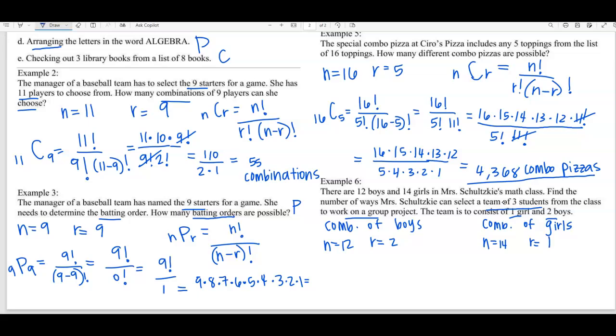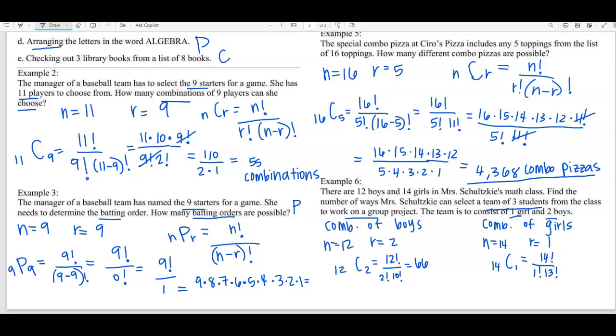You have to calculate this separately first, and then after you get your totals, you multiply. For the boys, it was 12C2, which is equal to 12 factorial over 2 factorial and 10 factorial. That simplifies to 66. Then for the girls, we have 14C1, which equals 14 factorial over 1 factorial and 13 factorial.